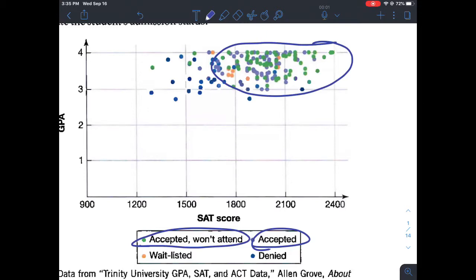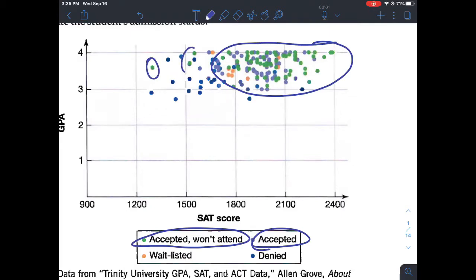Whether or not they decided to attend the college or not, they all got accepted. And they all had about a 1,700 SAT score. So they had a higher SAT score and pretty much all of their GPAs were a 3.0 or above.